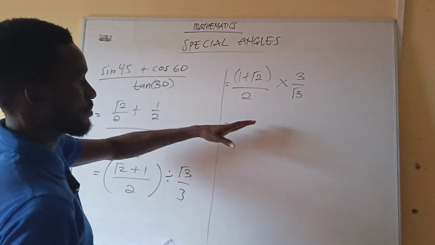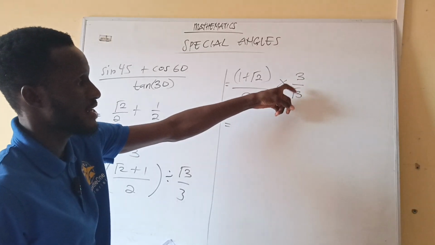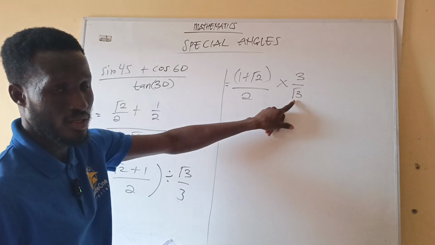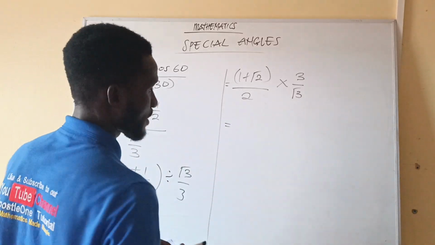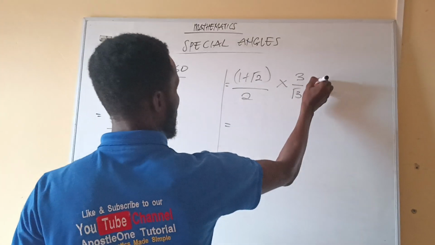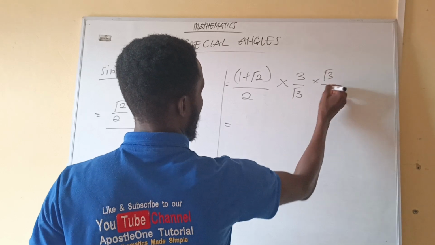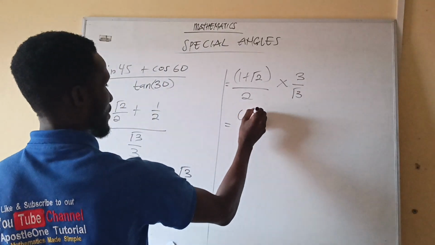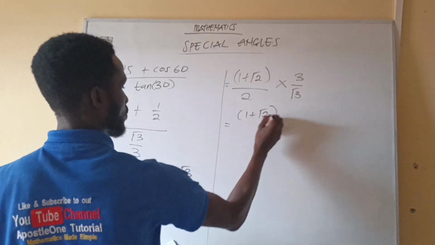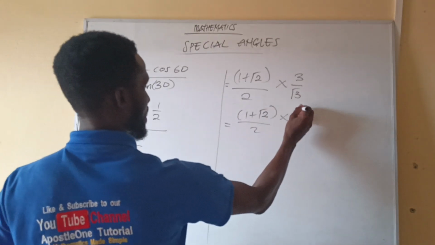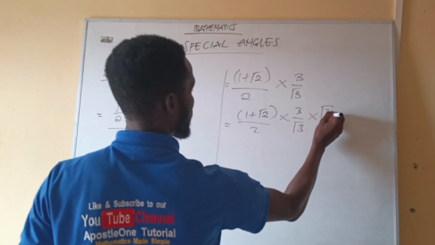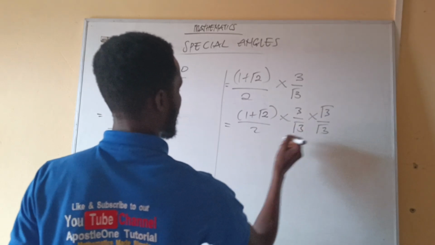Now, looking at this one, I can rationalize this because the denominator here is an irrational number. So let me rationalize. I need to multiply this one by root 3. Okay, now let's move on to the next step. I will have 1 plus root 2 divided by 2 times 3 over root 3. Let me rationalize. Multiply this one by root 3, this one by root 3.